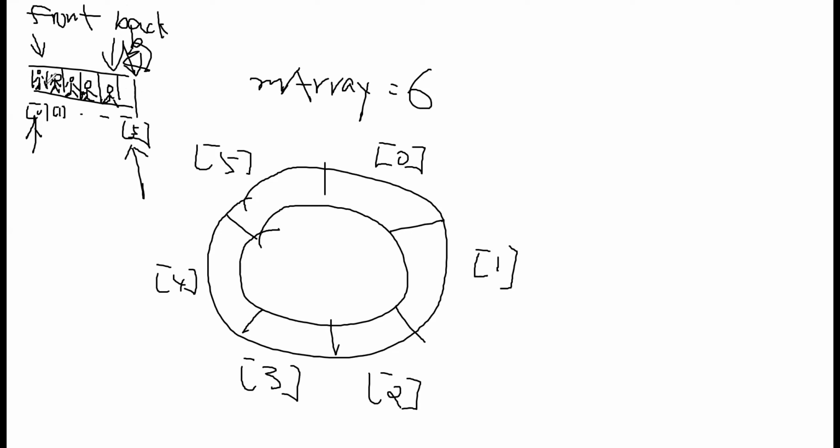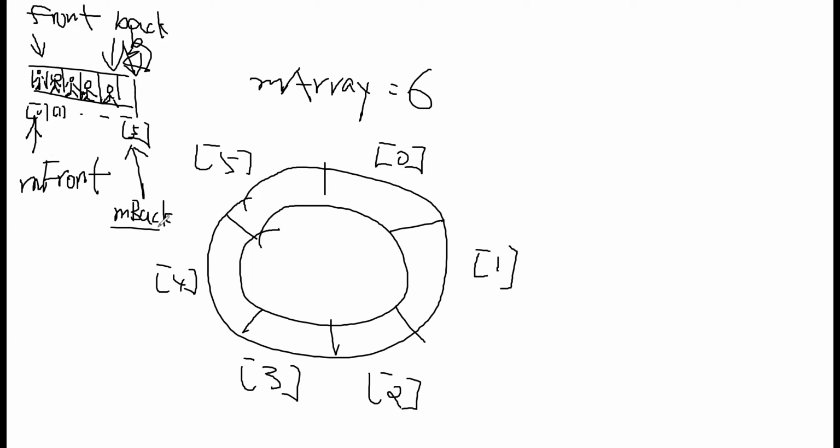Based on this discussion, we know we need to use an array to keep track of it. But at the same time, we also need an index to remember where the front item is and where the back item is. So we need m front to keep track of where the front item is, and another index called m back to keep track of where the back item is.